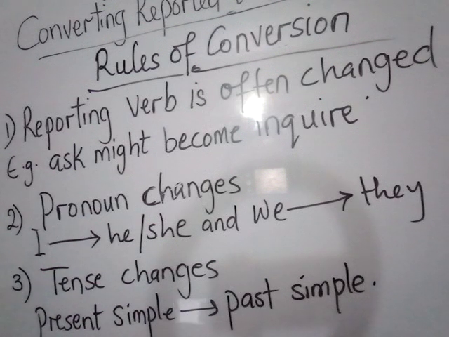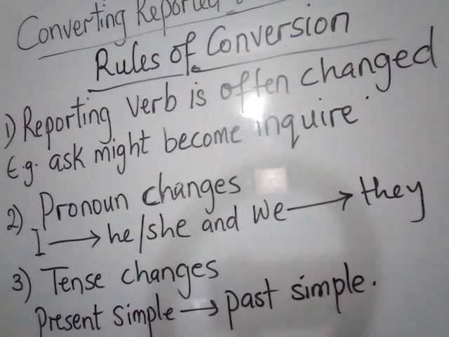And then the third rule here is that the tense changes. Remember, when we talked about the conversion of direct to indirect speech, we stressed this aspect. And actually, it's just like a flip of what we discussed in the other part. Basically the rules that apply there also apply here, because we're converting back. So the tenses change. In reported speech, most times the tenses are in the past, but in direct speech, they are in the present tense form.